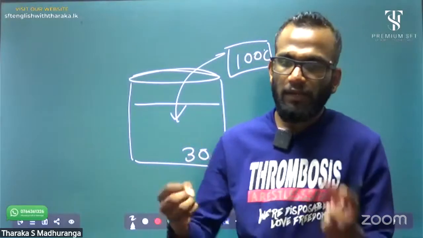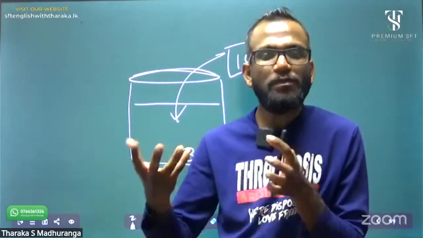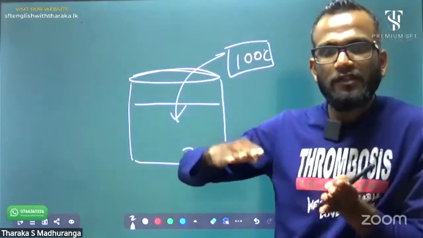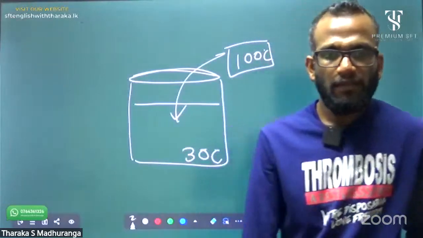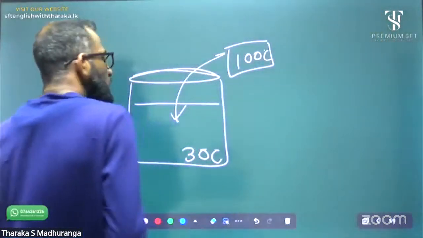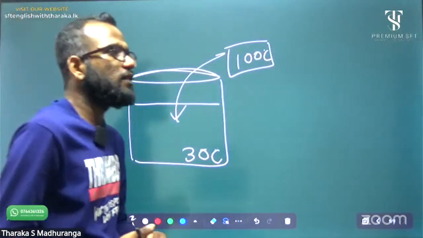Thermal equilibrium means the metal block releases heat and the water absorbs this released heat, and finally both substances come to the same temperature. That we call thermal equilibrium, right? Okay.